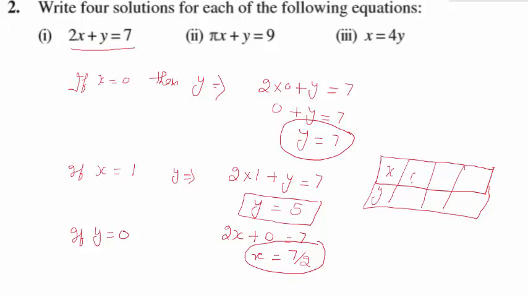If x is 0, then y is 7, and if x is 1, then y is 5. Similarly, if y is 0, then x is 7 by 2. And you can also try, we are asked for 4 solutions, and if x is 2, then y will be 3. Just substitute the value of x and y in the equation.